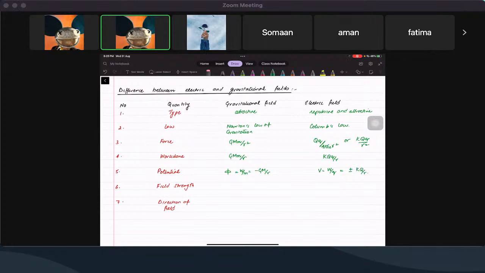Because for positive charges it is plus, for a negative charge it is negative. Then the field strength, which is given by G, force per unit mass, or Gm upon r square, right? And here it is force per unit charge, and it is equal to kq over r square.